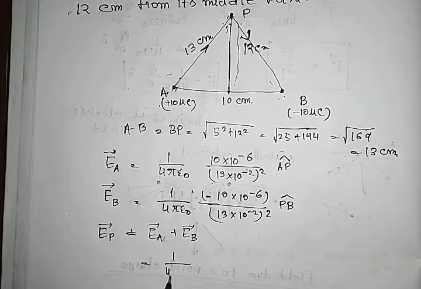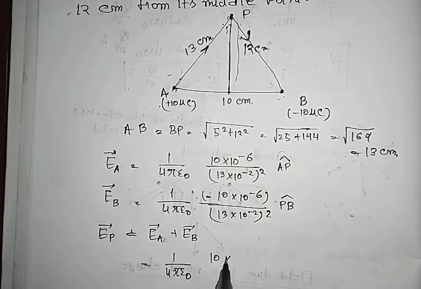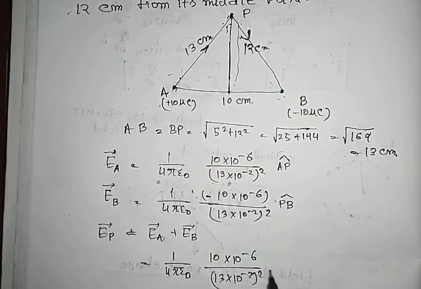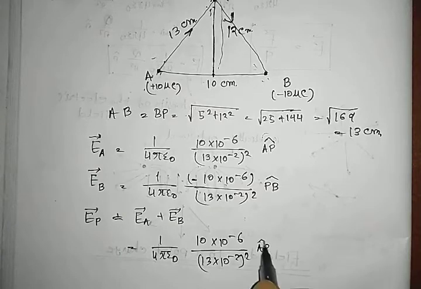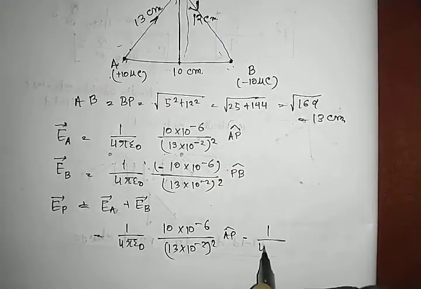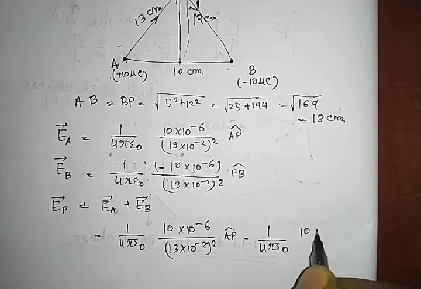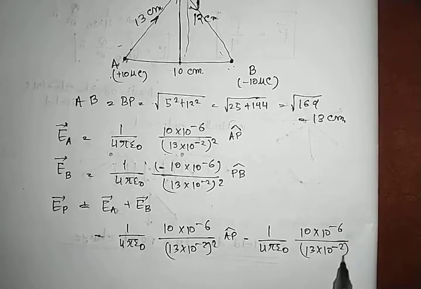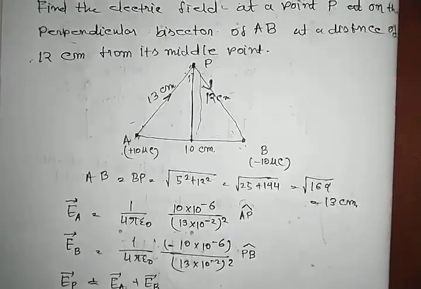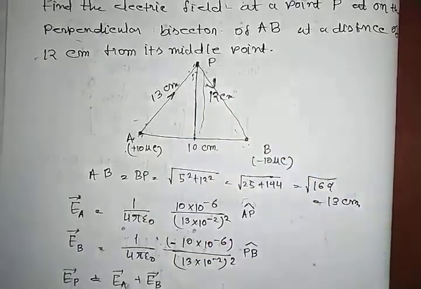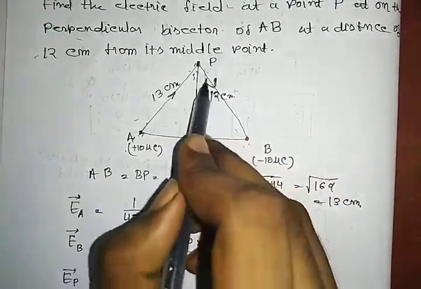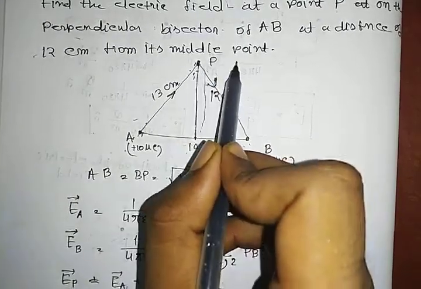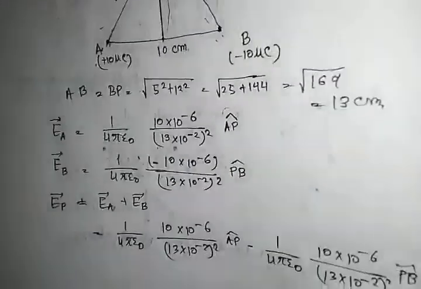So 1 by 4 pi epsilon 0 into 10 into 10 to the power minus 6 by 13 into 10 to the power minus 2 whole square. Now you see this force is directed along this direction and this is along this direction, so the net resultant will be directed in this direction. We'll just draw a diagram so that it becomes clear.